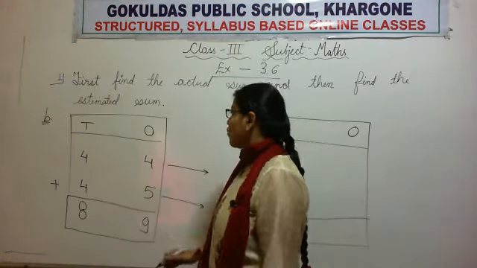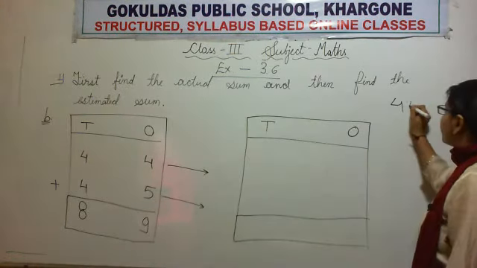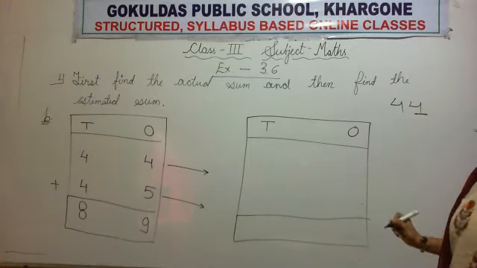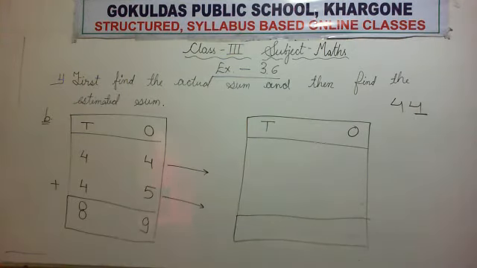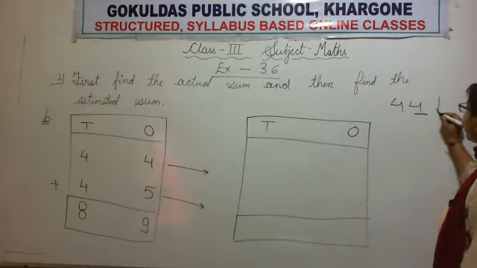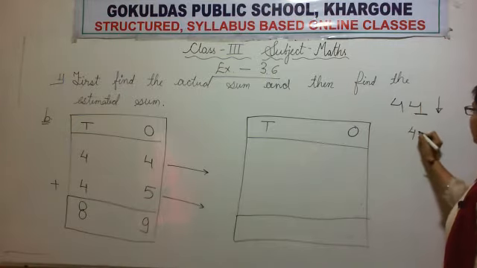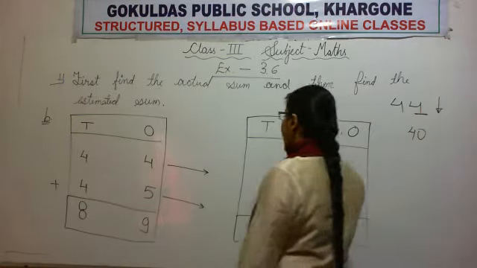See the number 44. The number 44 is having 4 at one's place. It means we will round it down to 40. So let's write 40 first.